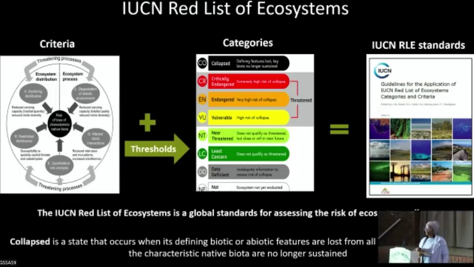The concept of collapse is similar to that of species extinction. We say that an ecosystem has collapsed once it has lost its defining biotic and abiotic features from all occurrences, such that the characteristics of the native biota can no longer be sustained.